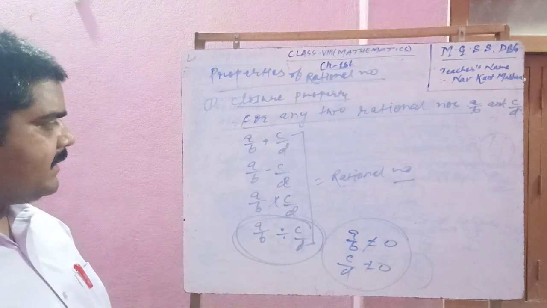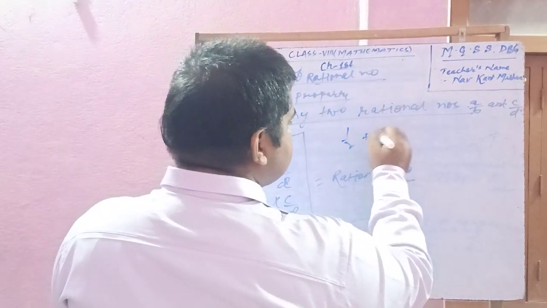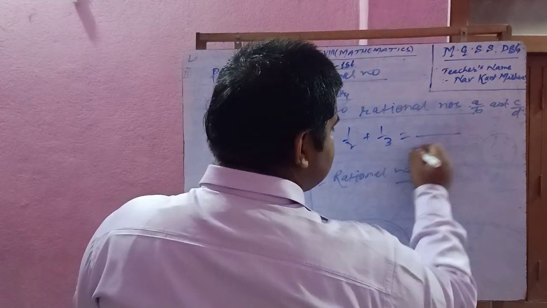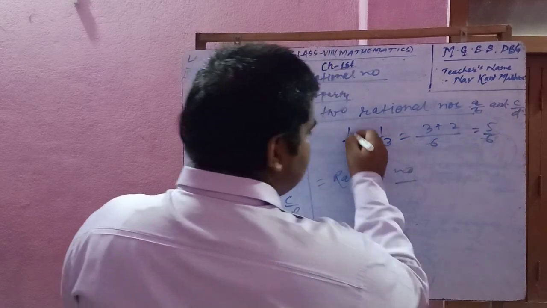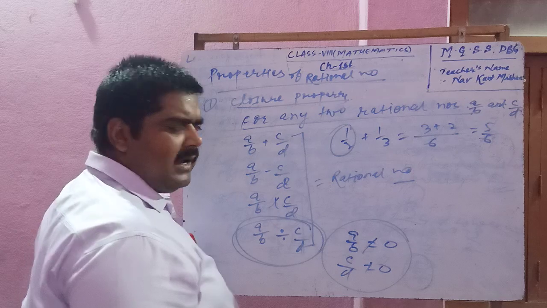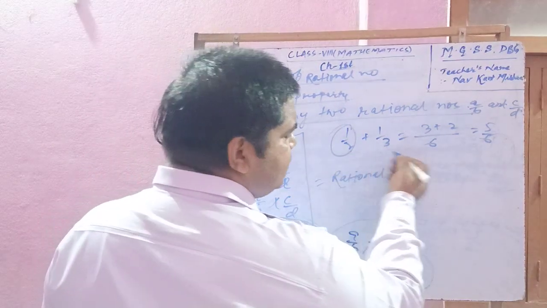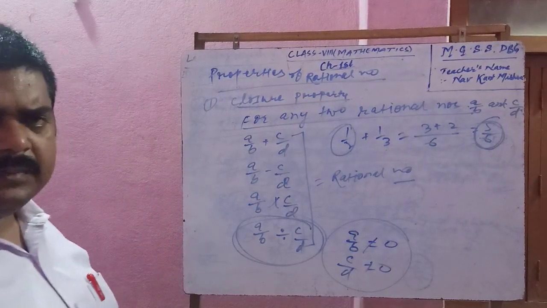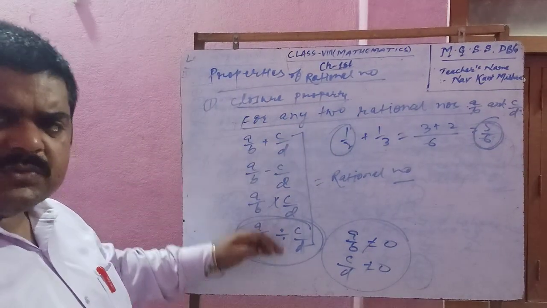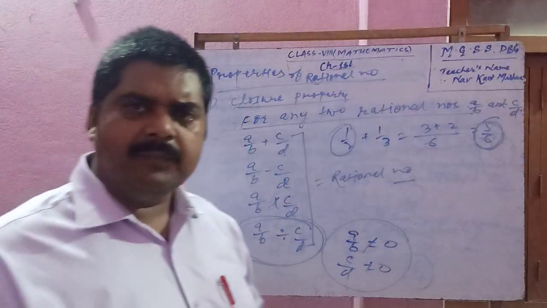So you can take any example, 1 upon 2 plus 1 upon 3 is 5 upon 6. 1 upon 2 is a rational number, 1 upon 3 is another rational number, and the final result 5 upon 6 is another rational number. Similarly, you can try each and every one and you will find rational numbers.